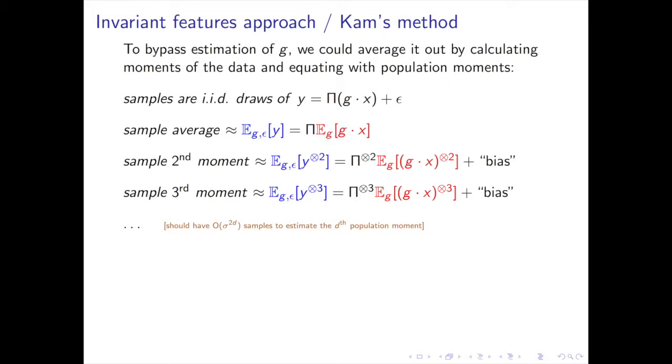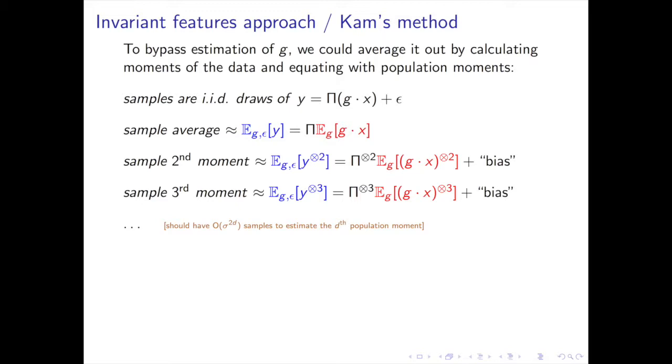So what does this mean? Remember, our samples are IID draws of Y. The first average we could take is just the sample average. For enough samples, that should be close to the population average, averaging over G and epsilon.